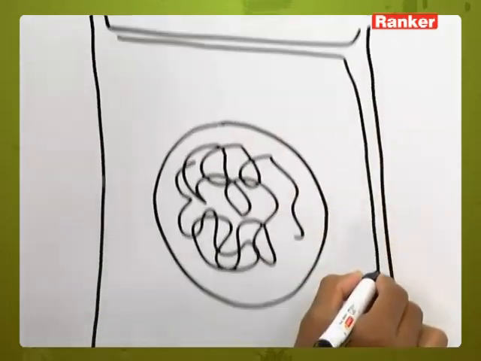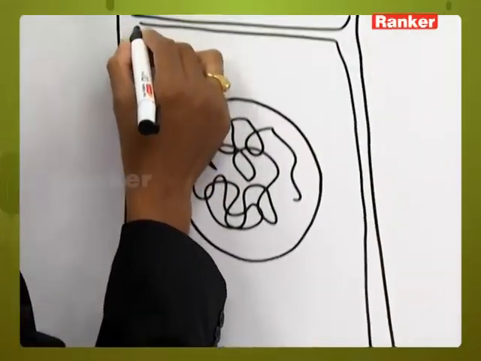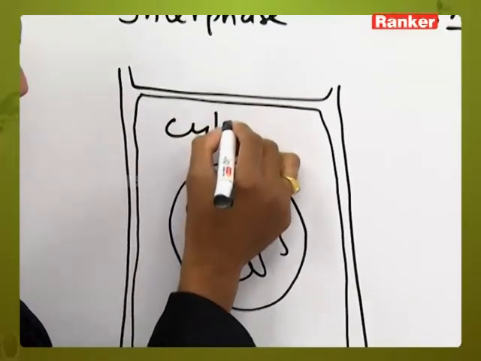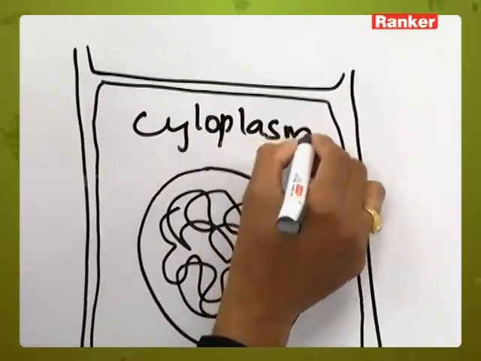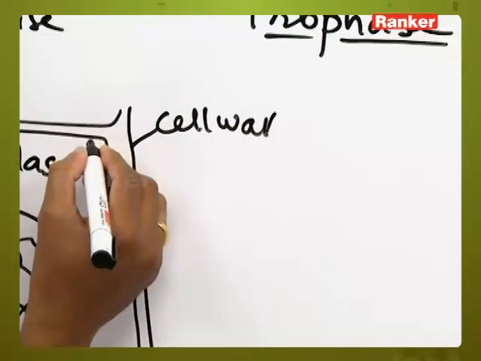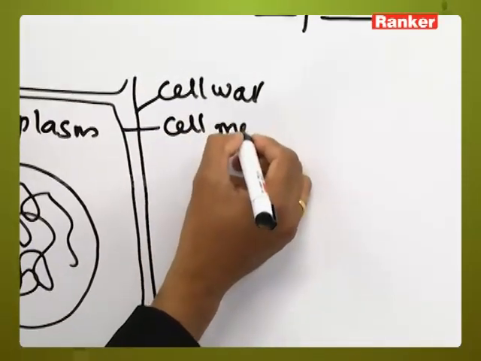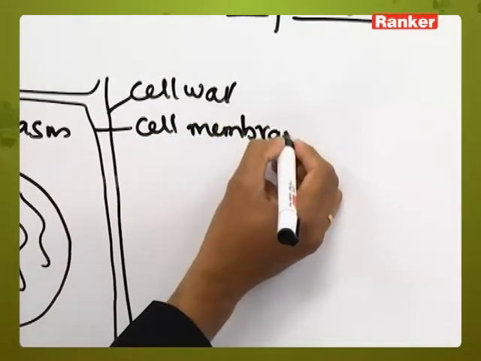This is the cytoplasm, the cell wall. Inside which we can see one more layer, the cell membrane, that is the plasma membrane.